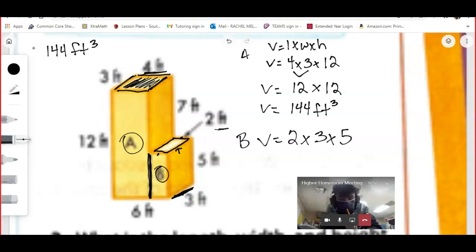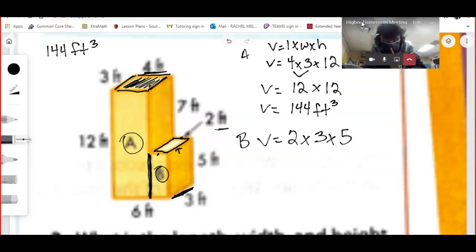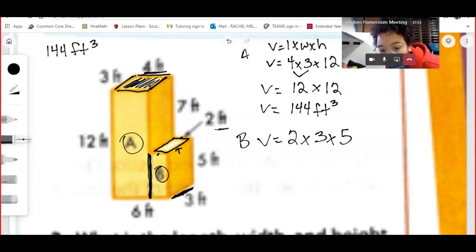All right, Elijah, which one would you like to multiply first? Easy. We can multiply in any order. So which two factors do you want to multiply first?